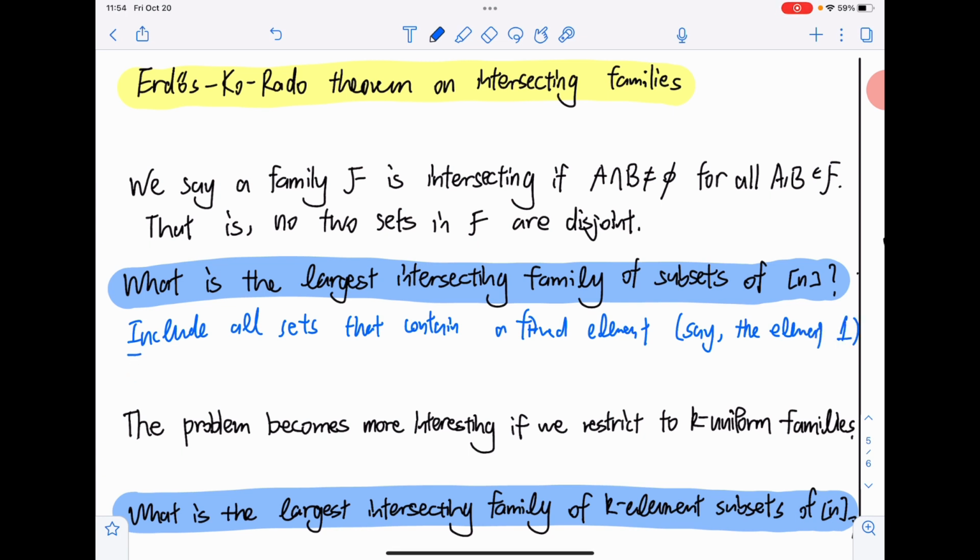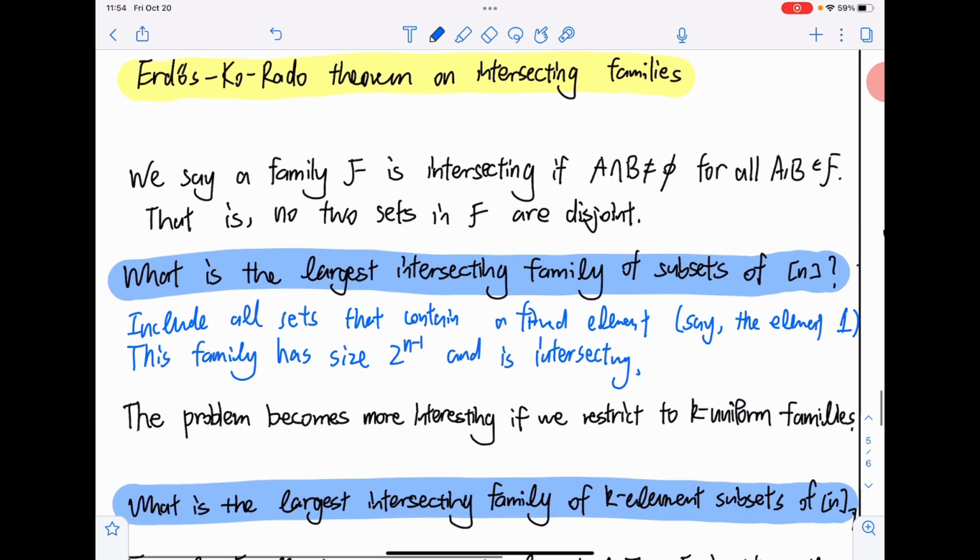This family will have size 2 to the power of n minus 1, and it's clearly intersecting, since each of the sets contains the element 1. This is not the only example with size 2 to the power of n minus 1. You can try to think of other intersecting families with this size.